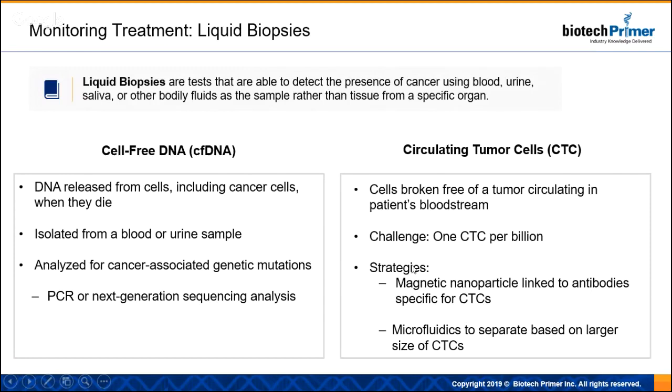And then we can use a magnet to pull those out of a solution, or microfluidics. So basically a chip that is etched with channels of different sizes, and the tumor cells are larger than normal healthy cells, so we can use those channels to separate out the tumor cells from the healthy cells and count them in that way.